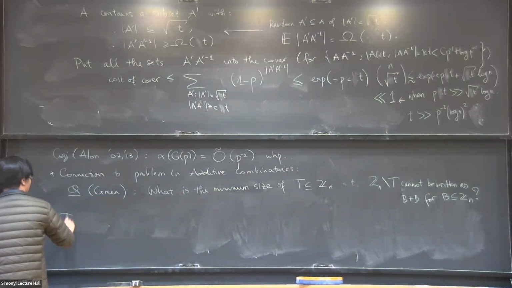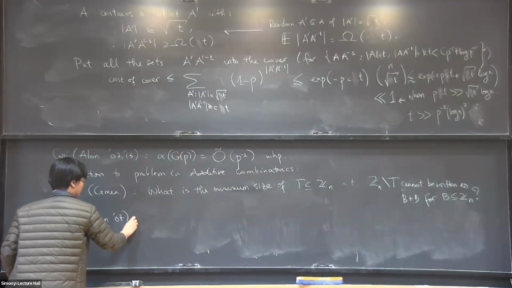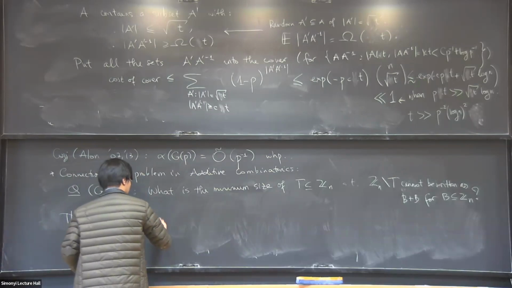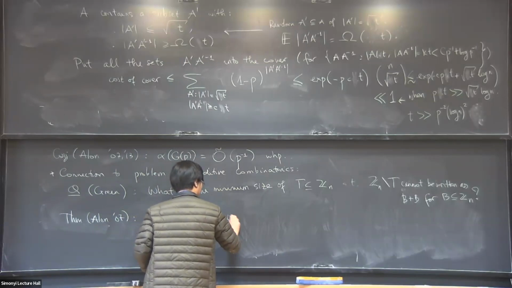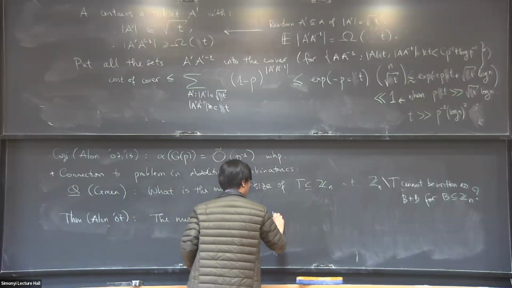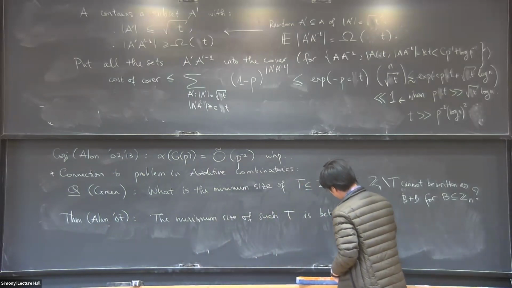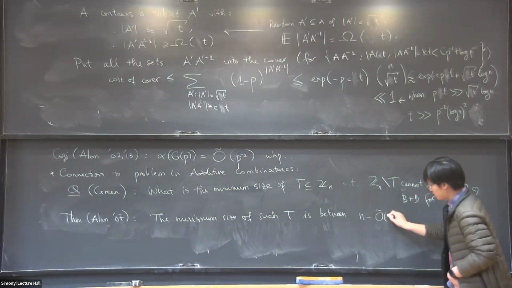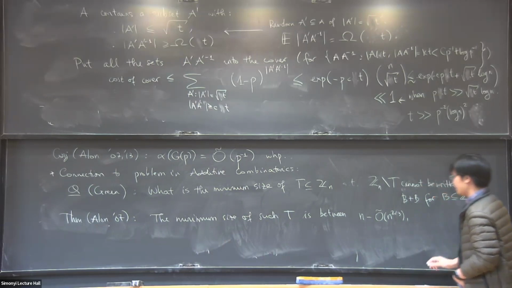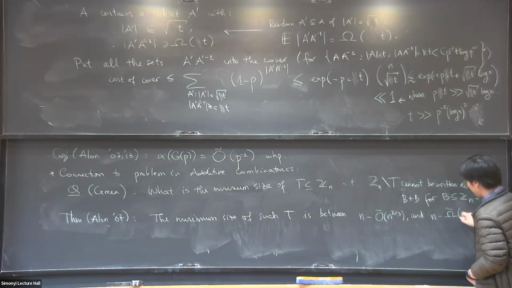And Noga showed in particular that the minimum size of such a set T is always between a lower bound, which is roughly n minus order n to the 2/3, and an upper bound, which is roughly n minus order root n.